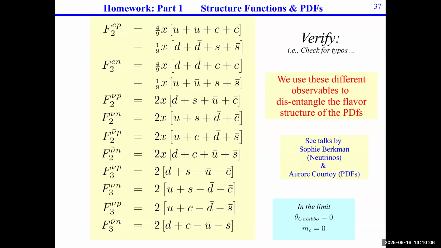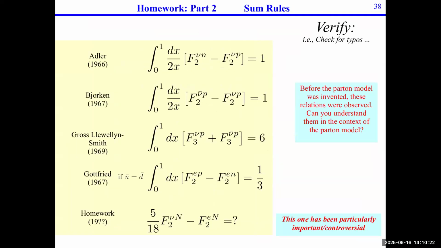And then here, what's interesting is the neutrino, because that's a W scattering, that probes either the down or the u-bar. And putting all these together, you can basically get different linear combinations to determine the independent combinations that go in there. Even before we had the parton model, there were various sum rules. You can see these are typically from the '60s.